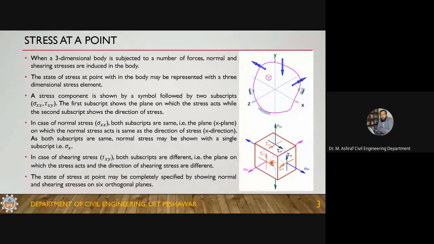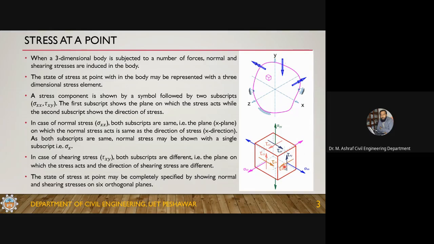Now, on an area in a Cartesian coordinate system, you can have 3 stress components. So there is a possibility that a normal stress component may act, which is perpendicular to the area. And there is a possibility that along the z-axis a shear component acts, because this is parallel to the area.